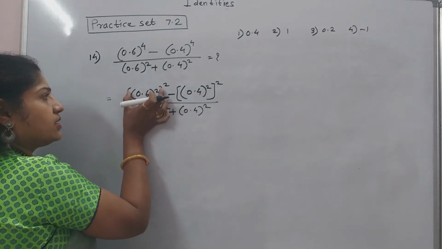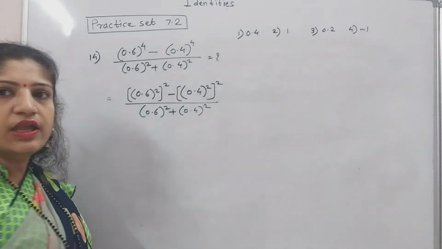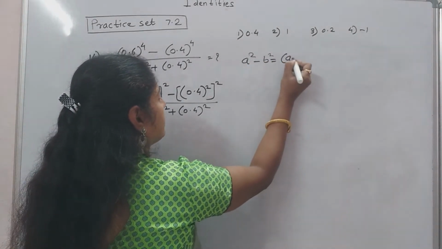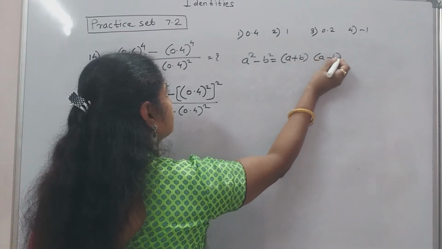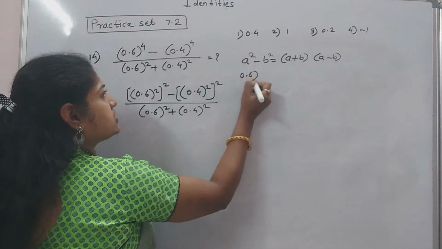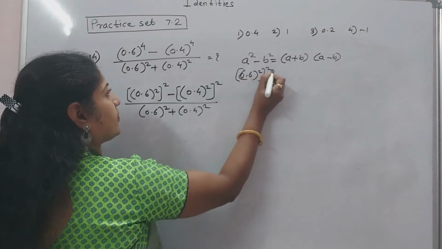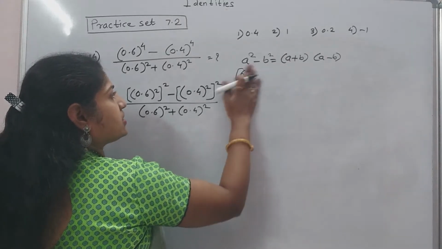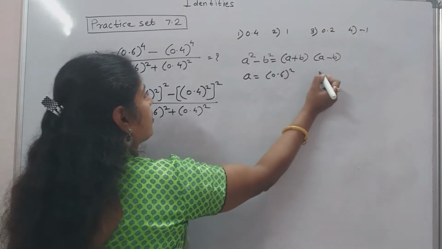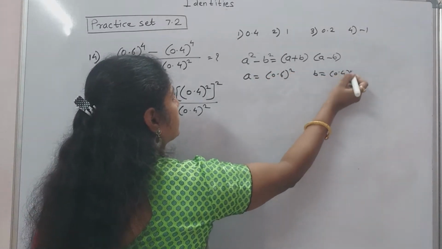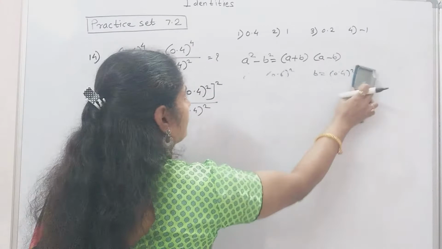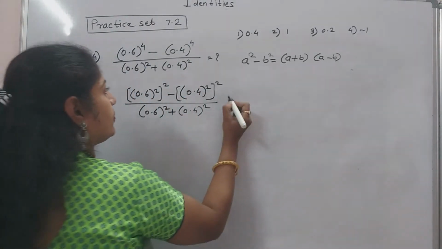Now here is the a, here is the b: a square minus b square. I use the formula a square minus b square equals (a + b)(a − b). Here a is (0.6) square and b is (0.4) square.